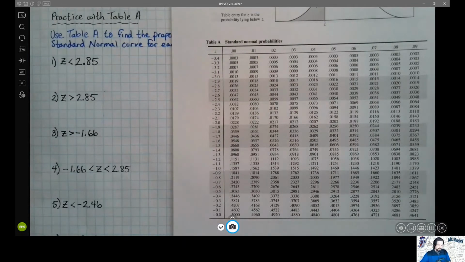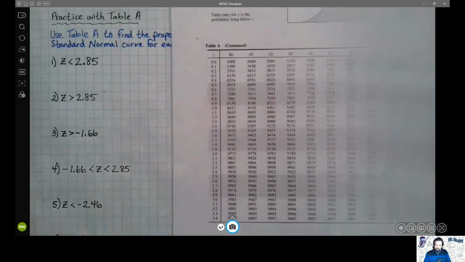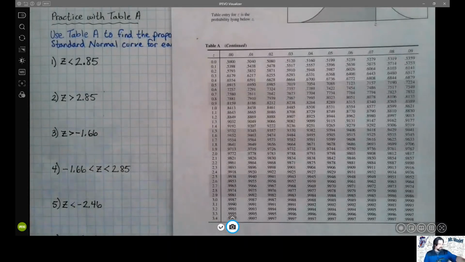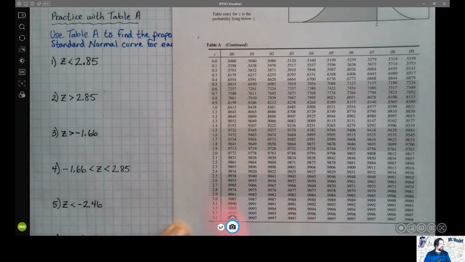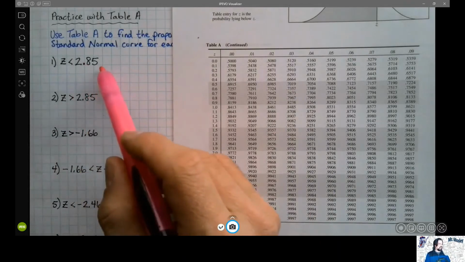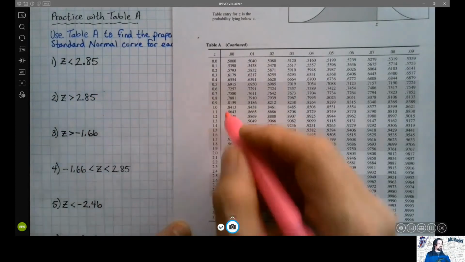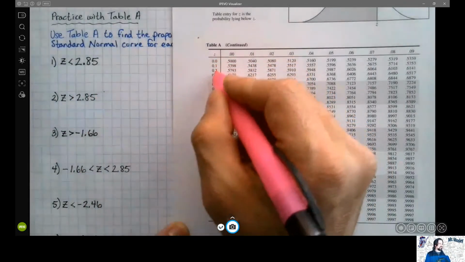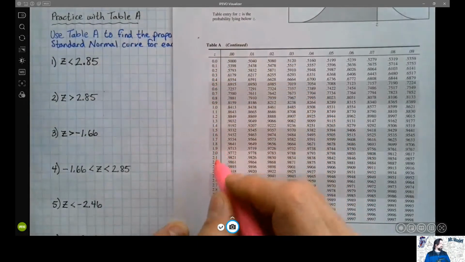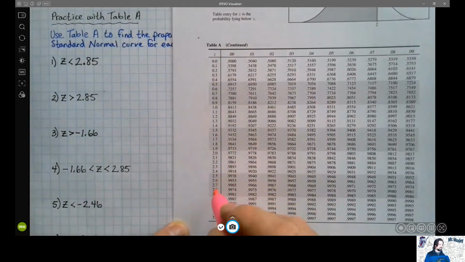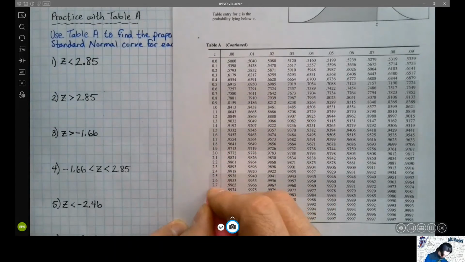We're looking for a positive value, so I'm going to go to the positive page, and here we'll use a highlighter. Now we're looking for a z value of 2.85. I'm going to start on this left-hand column and find 2.8, which is right here.